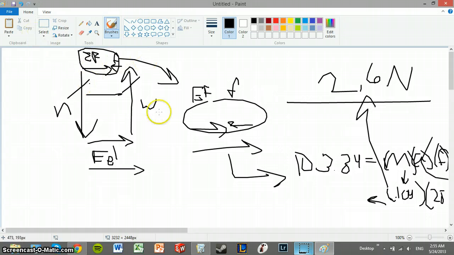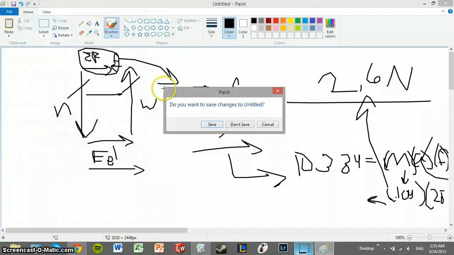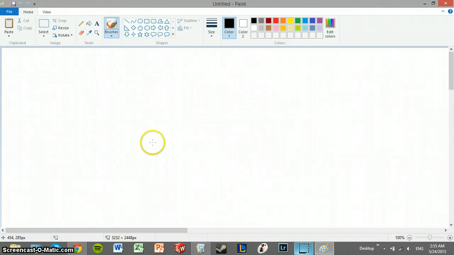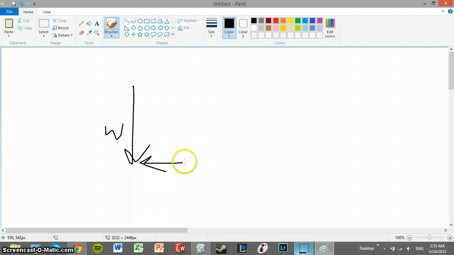Now, for the reverse, the same thing also applies. It has to be 2.6 newtons also. Let me open a new page. So for the sum of forces slowing down, we have weight, and then we have friction acting this way, and then normal. These cancel out.